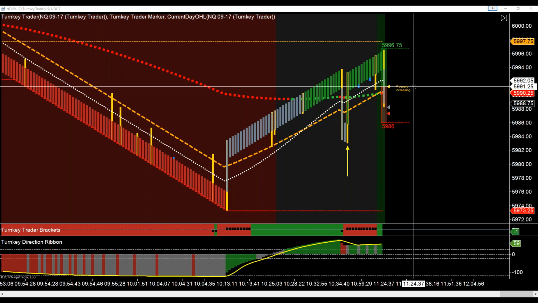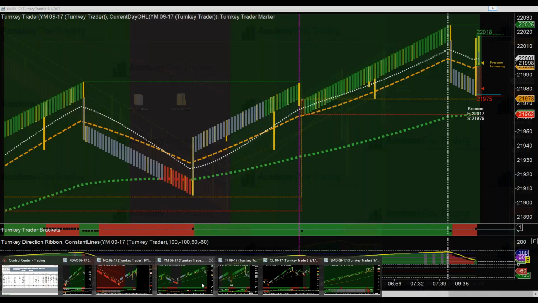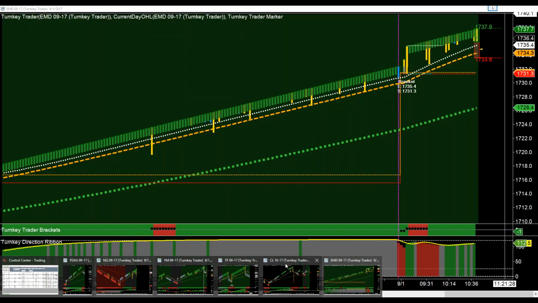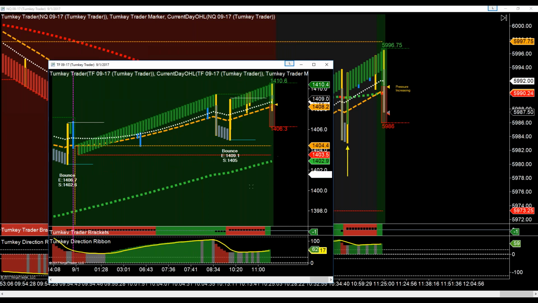But I found that once I spent enough chart time with it, it wasn't really necessary for me to look at that to identify the patterns, but still can be helpful. One thing I will point out, and I'm pretty sure I mentioned this in one of the training videos. Let's see here. Let me see if I can find a good example here.